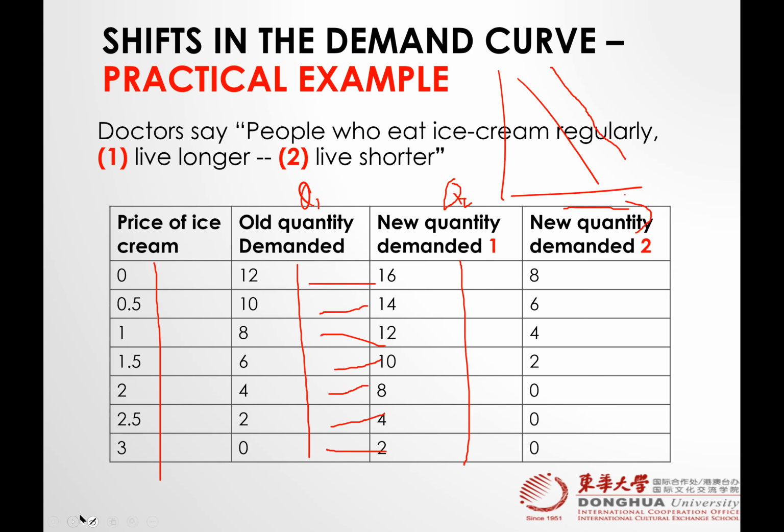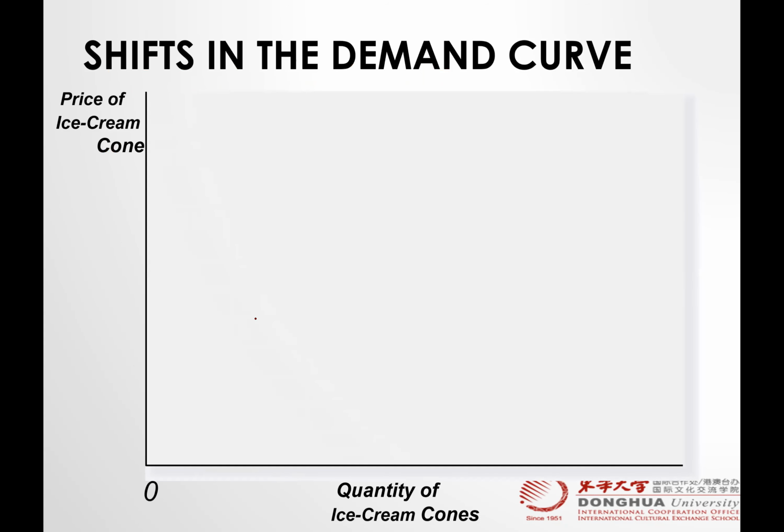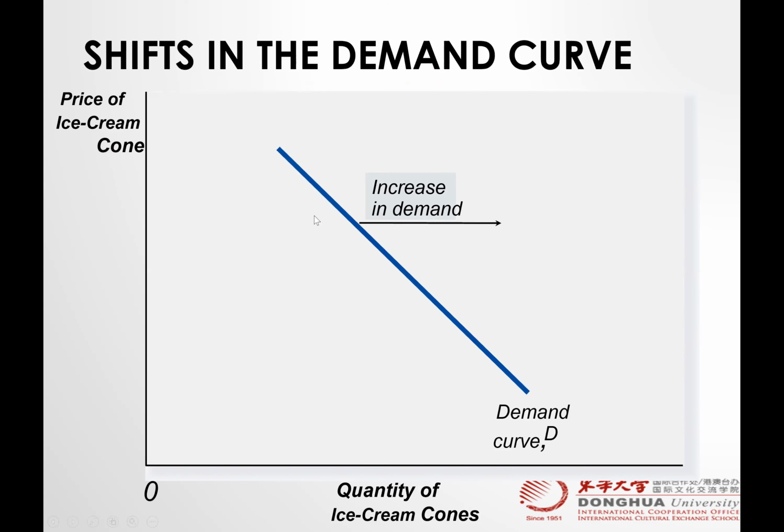So look at here right now. Here we go. So this is our original curve, right? If there is an increase in quantity demanded, and the reason is not price, price is the same, then we see a new demand curve, and that is on the right.